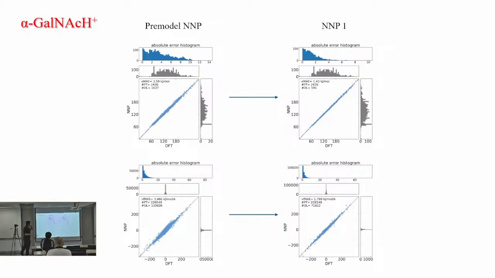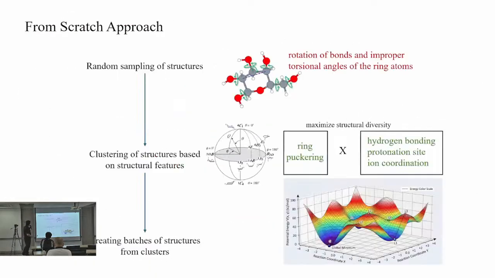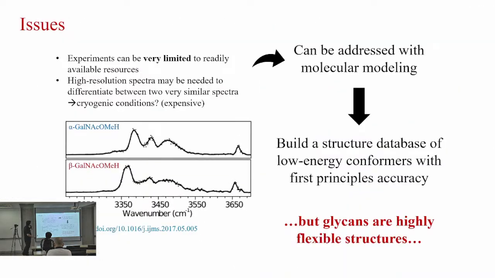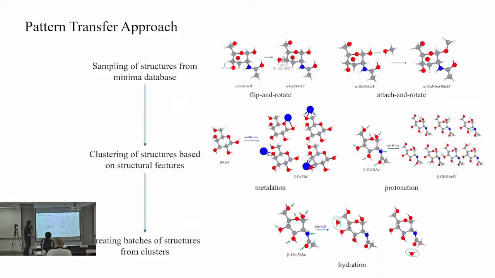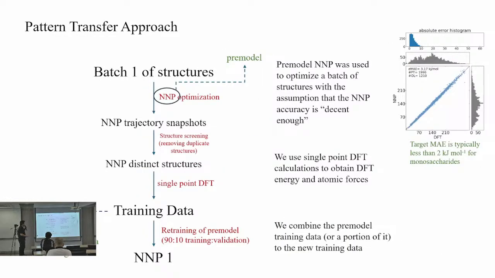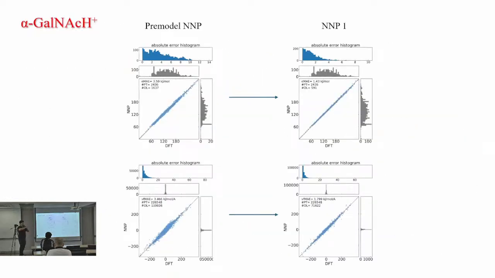When we train this NNP by adding in more of the data from galactose, we have now improved the accuracy to 1.4 for energy and 1.8 for atomic forces. Now, I'm saying these numbers, but what do they exactly mean? Remember this overlay of the DFT and NNP?